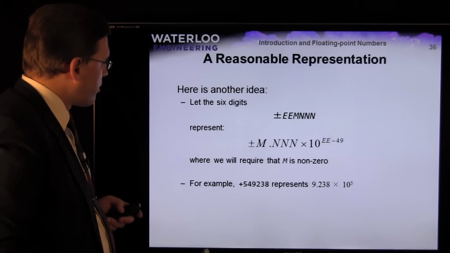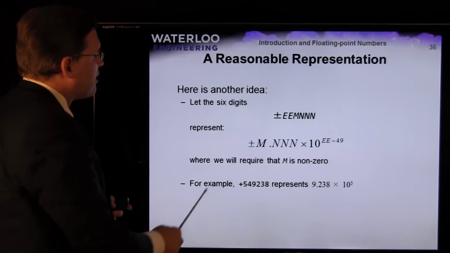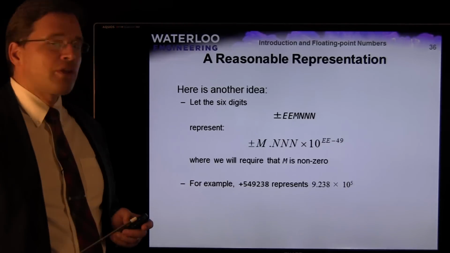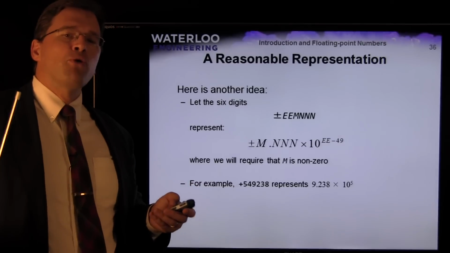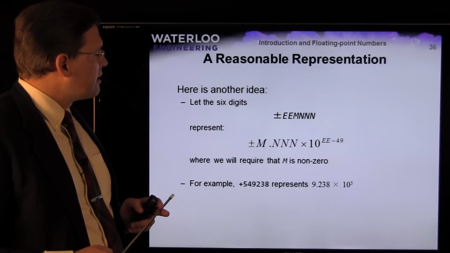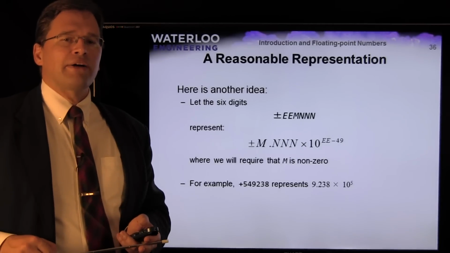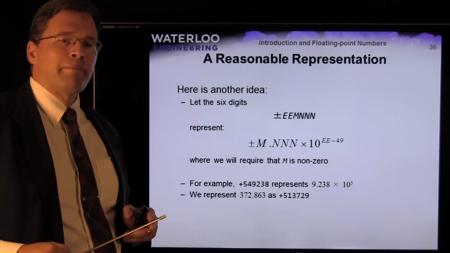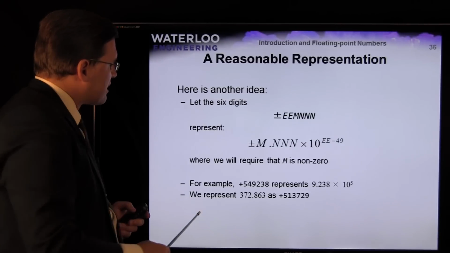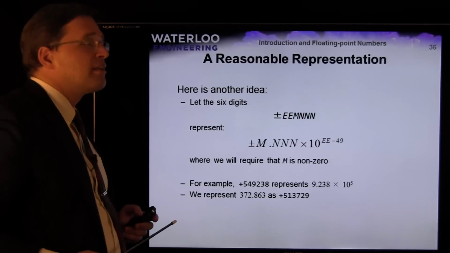So, as an example, 549238 represents 9.238 times 10 to the 5, or 54 minus 49. So already we're representing a number that's almost as large as 100,000, and doing so quite easily. On the other hand, if I want to represent 372.863, well, I would have to round to 4 decimal numbers.